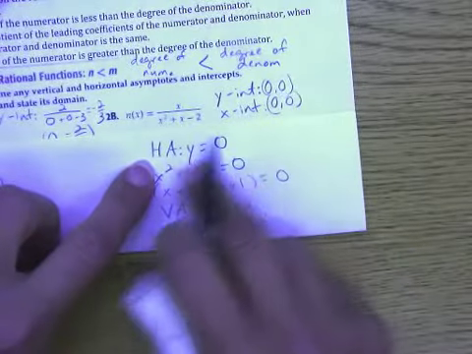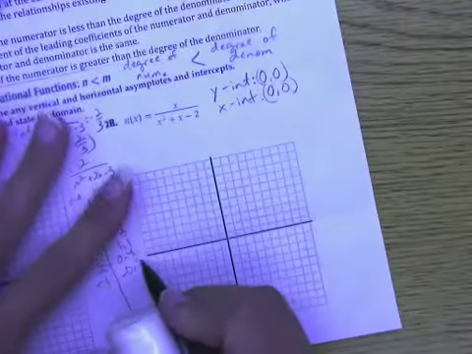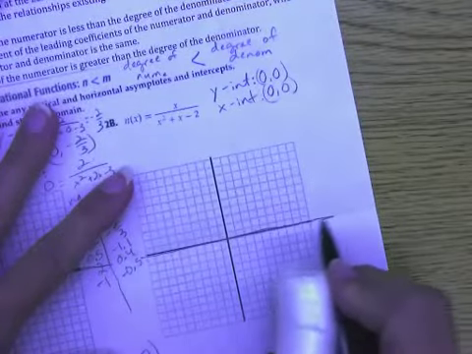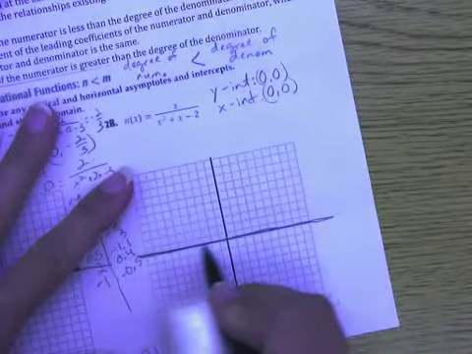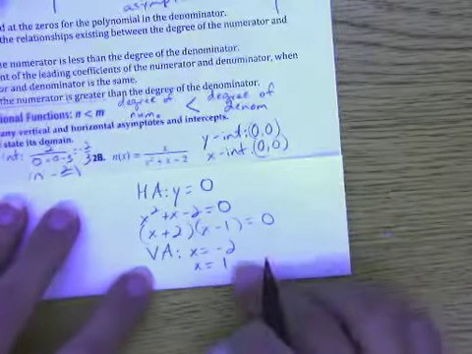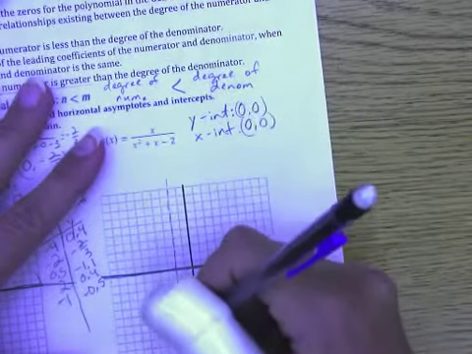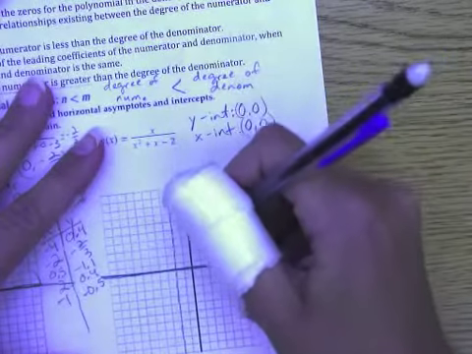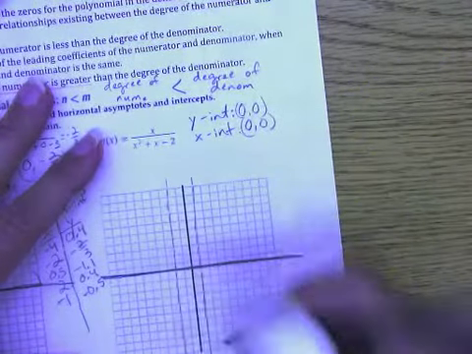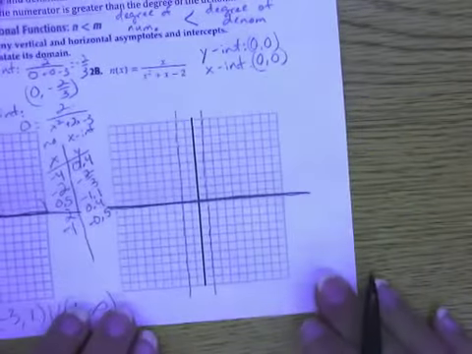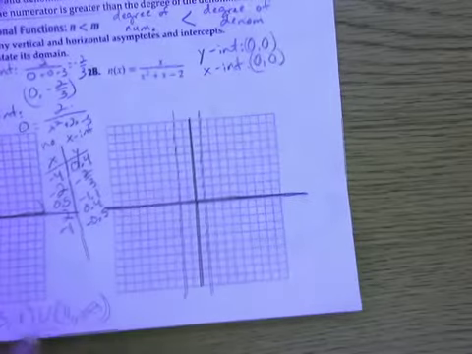So let's take all of this information and graph it on our grid. I have a horizontal asymptote at y equals 0, so that's here. A vertical asymptote at -2 and +1, so that's here and here.